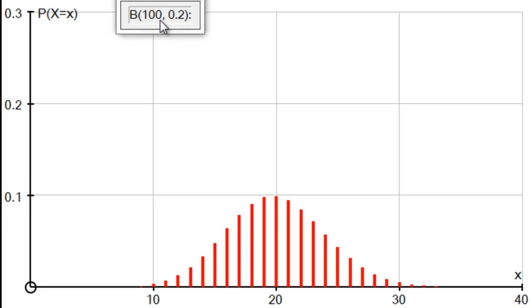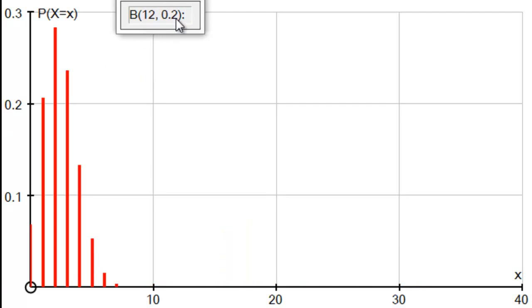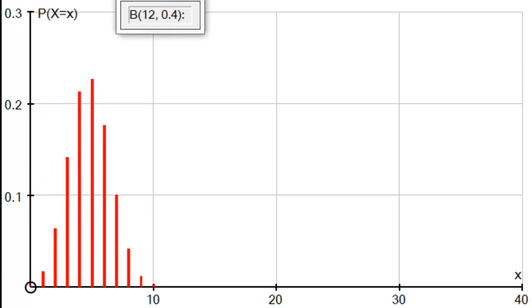Let's take this back now to a binomial again where n is 12 and p is 0.2. And this time let's start to change p. We know when it's 0.5 it's symmetrical, but let's make it close to 0.5. Let's say 0.4.